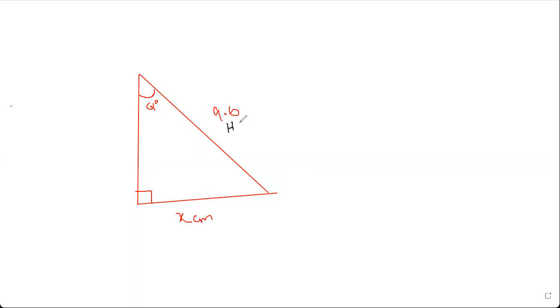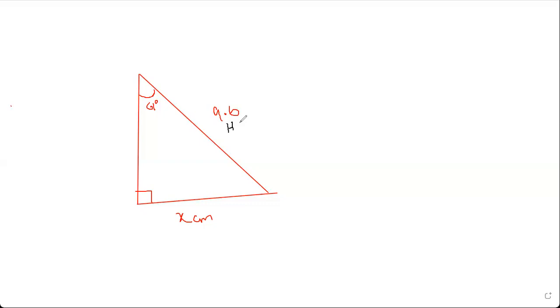Now we have to find x. So we have to check what x is. Now we have to focus on the 61-degree angle, because we have already focused on the 90-degree angle, and we have already checked that opposite to the 90-degree angle we have 9.6, which is the hypotenuse. Now let's focus on the other angle, 61 degree.